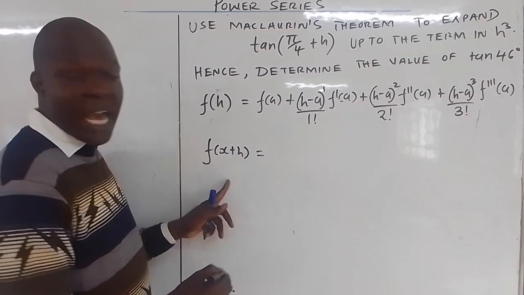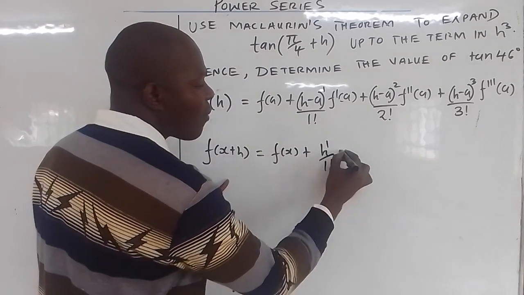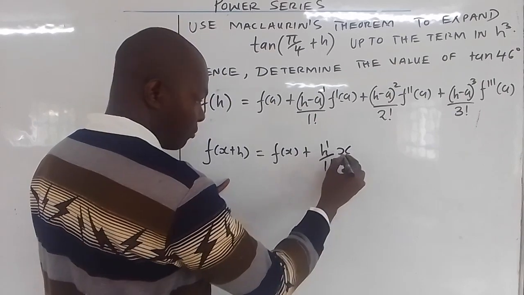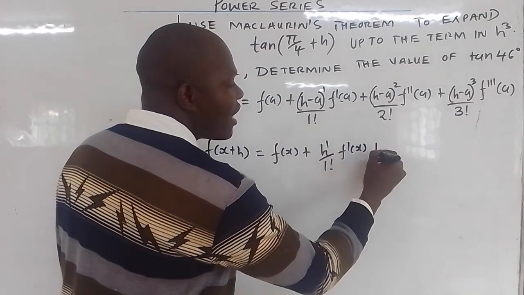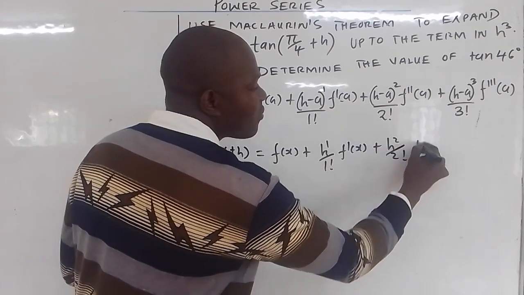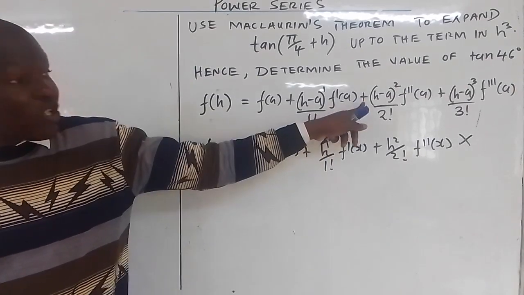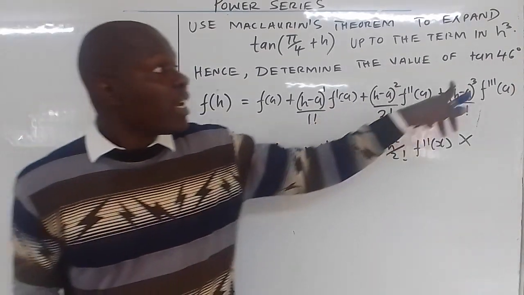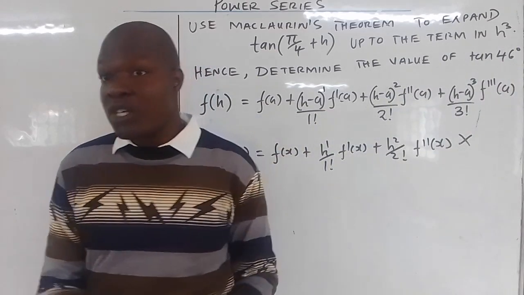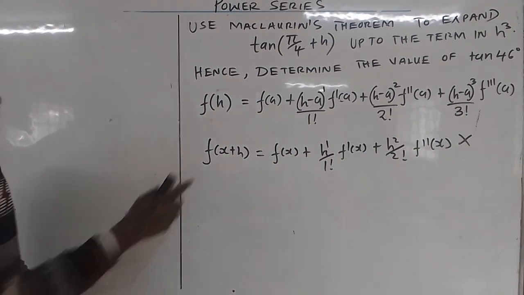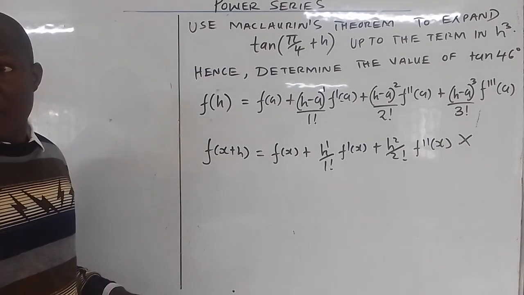This is the Taylor, where you have your f of x plus h to power 1 over 1 factorial f prime of x, then plus h squared over 2 factorial f double prime of x. That is Taylor. Don't confuse it with Maclaurin. Meaning in this Maclaurin, instead of telling you after the term in x cubed, they are telling you h cubed. You don't confuse it with the Taylor expansion of f of x plus h.